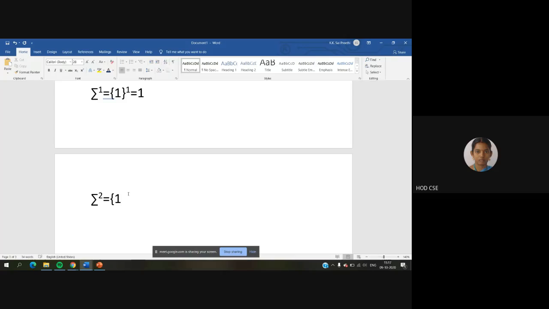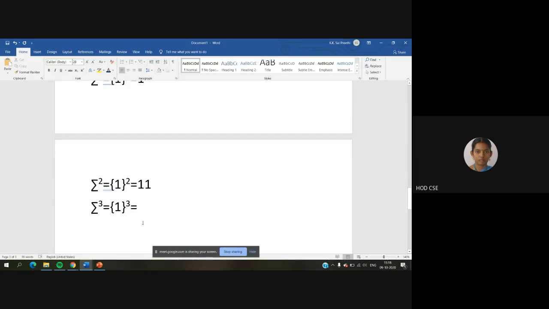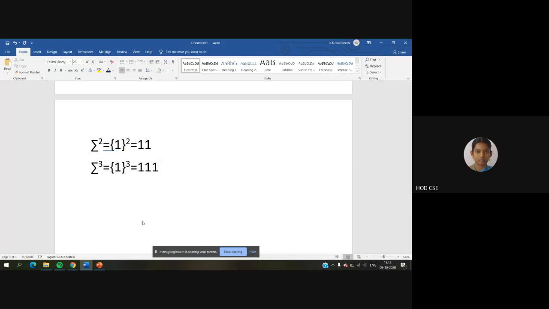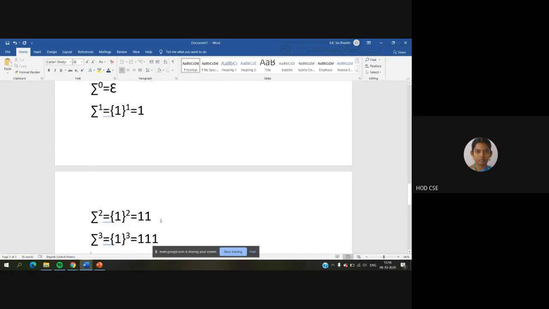I already gave enough examples. You apply 1 in place of sigma, power 2. What are you getting? 1, 1. Very good. 1 is repeated 2 times. Sigma power 3 is 3 ones.